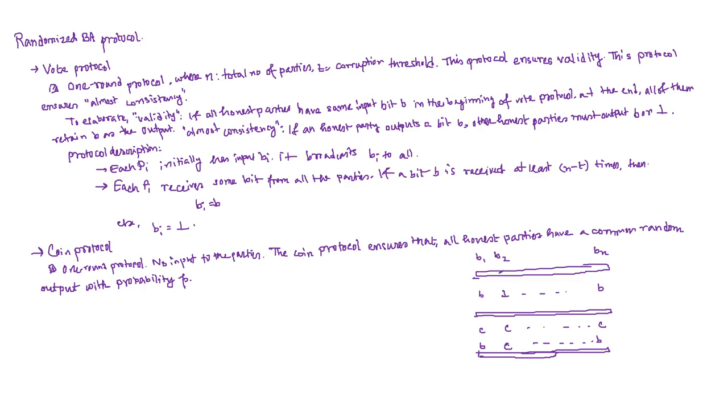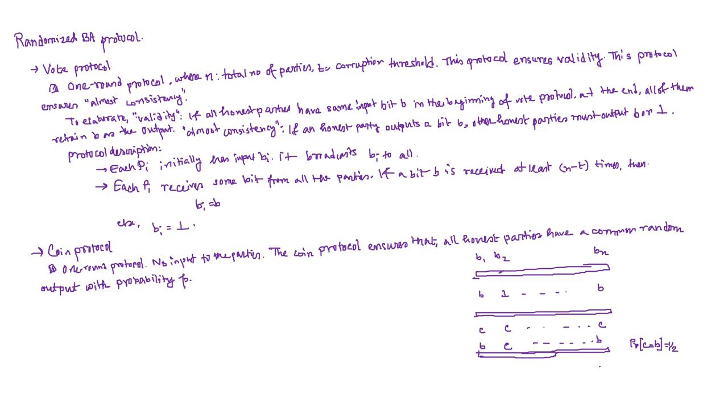Now you can see that this random coin output C will be equal to B. So the probability that the random output C is equal to actually the bit B, which the honest parties are almost agreeing upon, that probability is half.